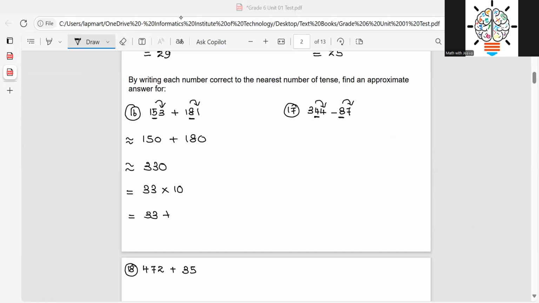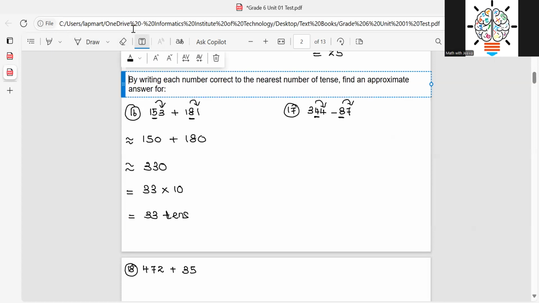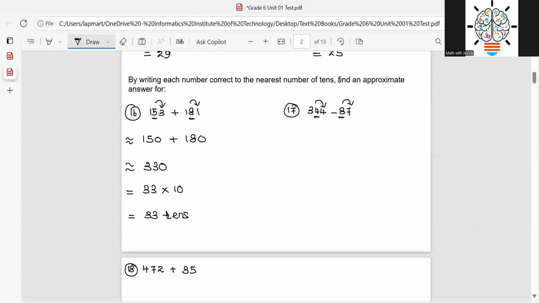So then 33 tens. Oh, I have made a mistake here. This one, you don't need to use E here, right? Nearest number of tens, that's it. So then this one that you write, approximately this is equal to 340 minus 90, right?